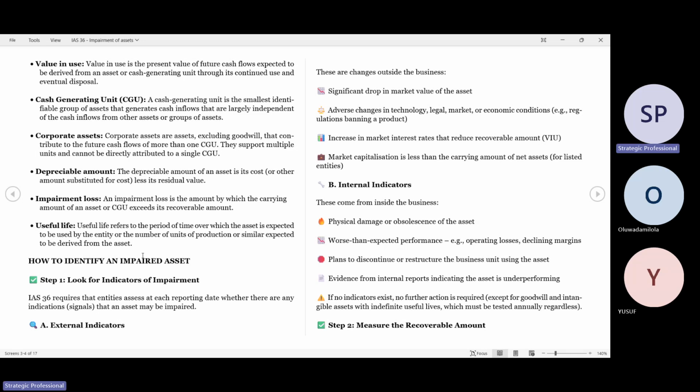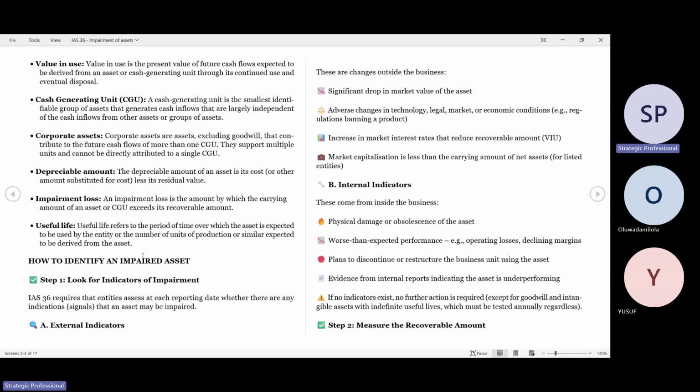However, you come across news that the value of assets has reduced significantly due to one or two policies introduced by the government. What does this tell you? It means that there's a risk that you are overstating the value of that PPE. That is an external indicator.